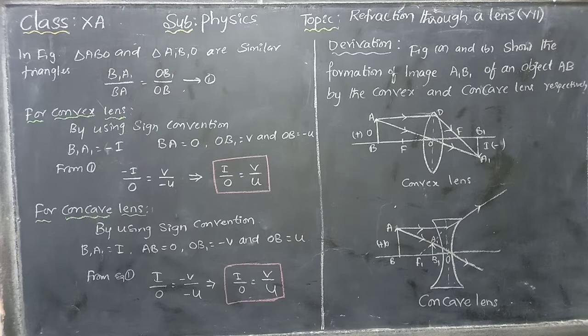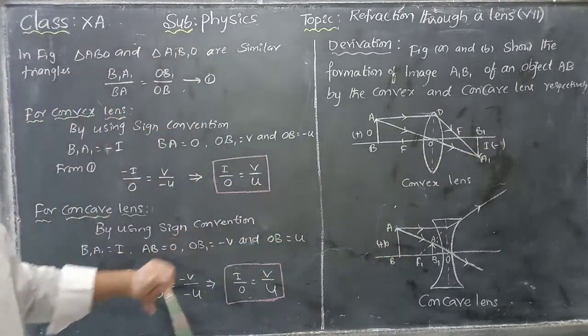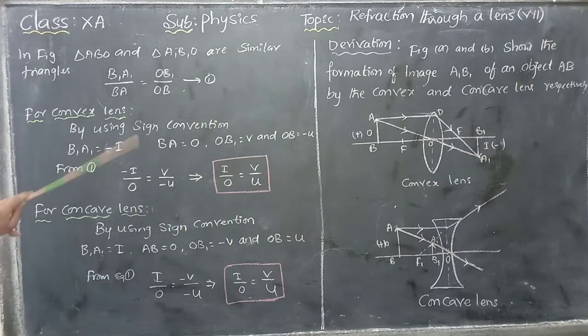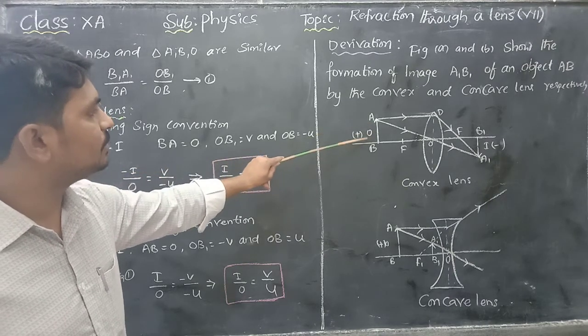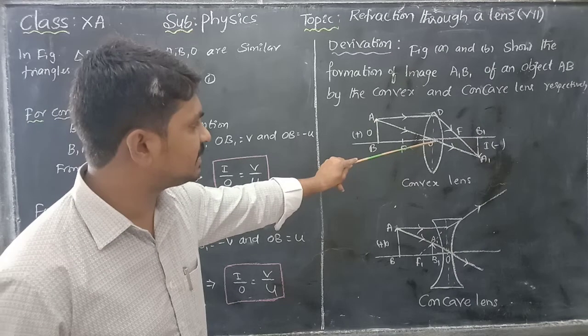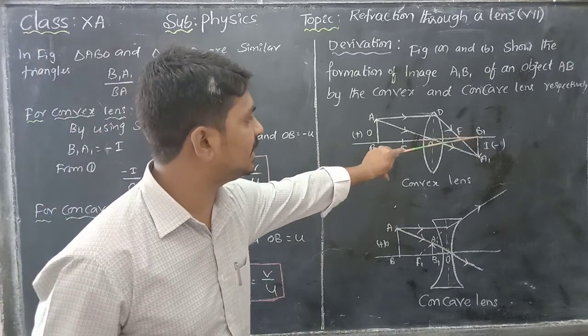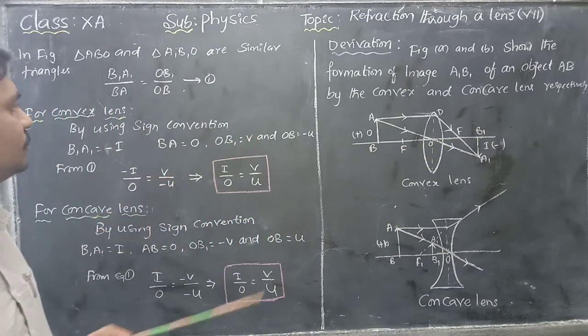In the case of the convex lens, using the same sign convention, B1A1 is the image height. Here the image is real, so it is negative, below the principal axis, so minus I. AB is the object height, positive. OB1 is the distance from O to B1, the image distance, V, on the right-hand side, so positive.